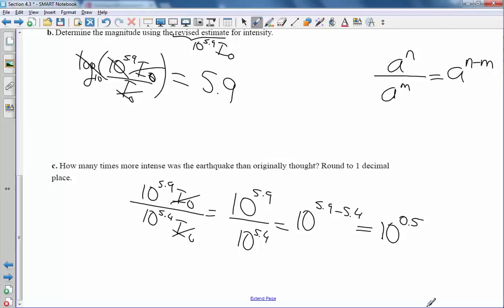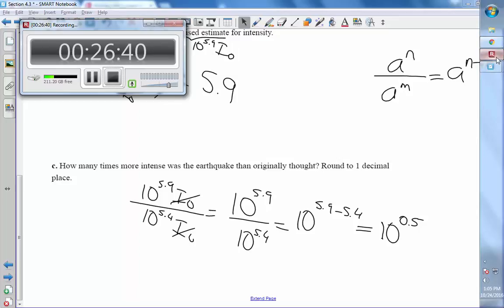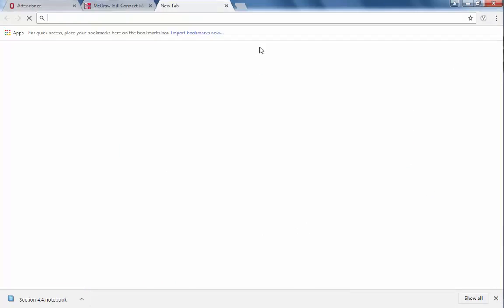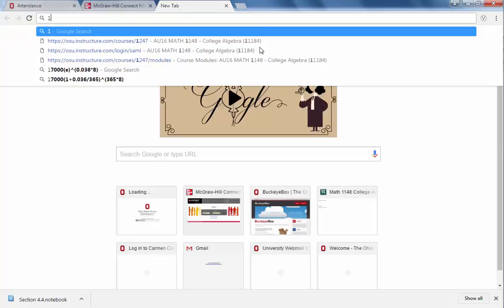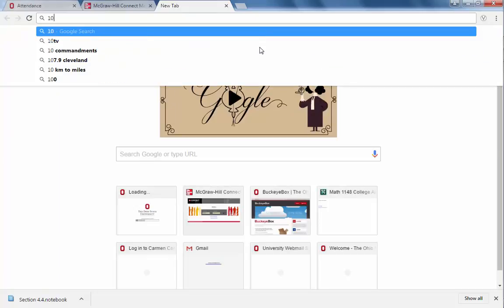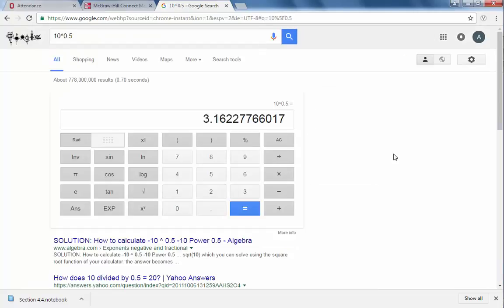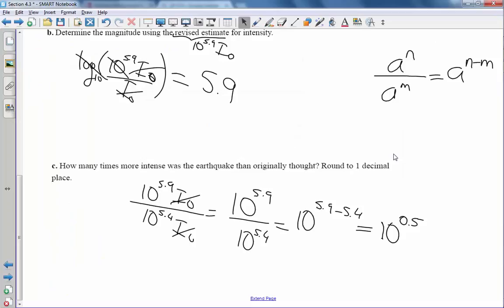I wasn't correct when I said 6 times stronger. This is a lot less. You need to compute 10 raised to the 0.5 with a calculator. I can't do it manually. 10 raised to the power 0.5 is 3.16, about 3 times, I lied. 3.16 times stronger earthquake.